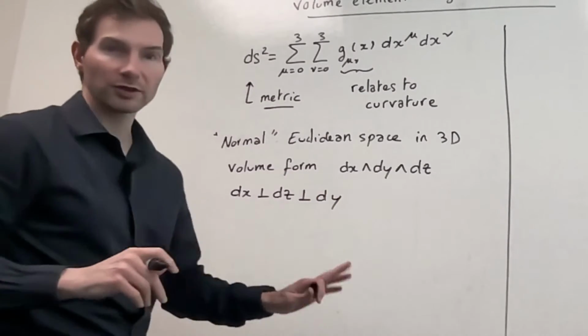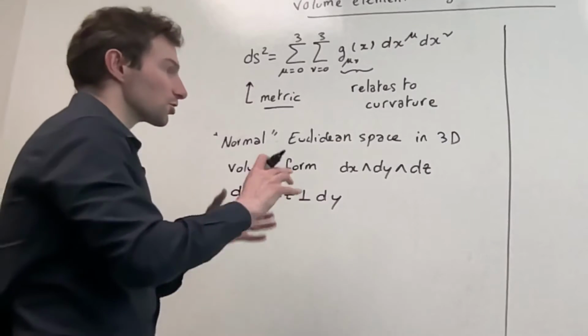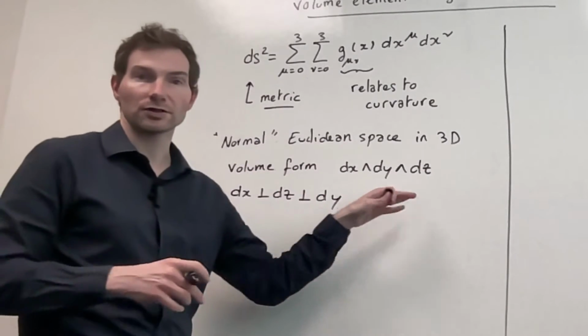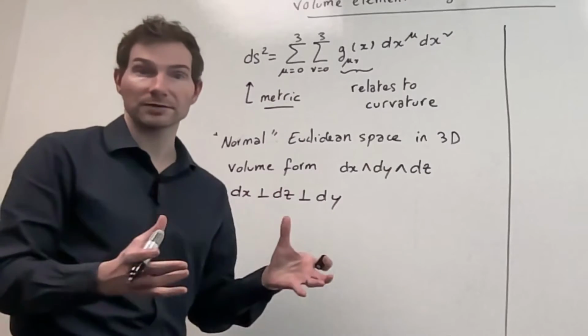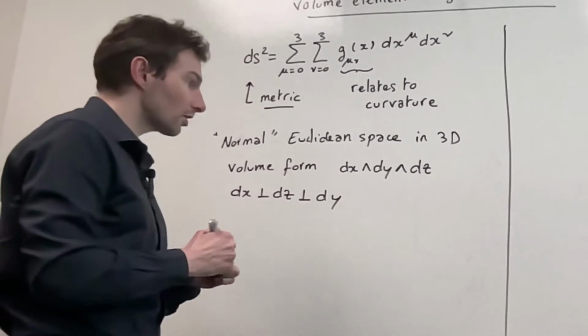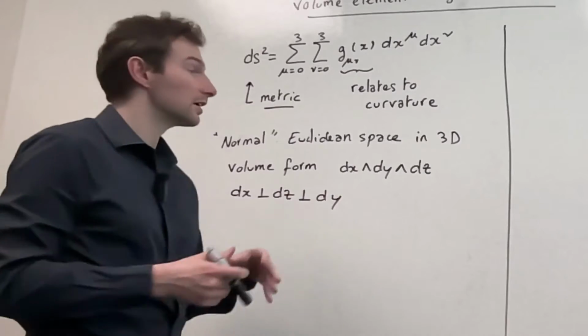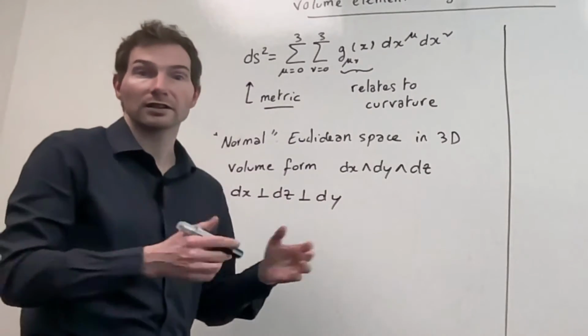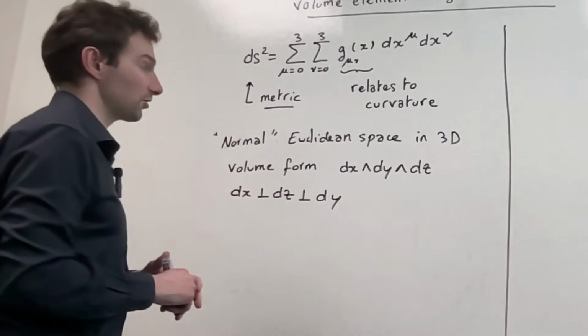So they are all perpendicular to each other, a sort of orthonormal basis, and when you evaluate that, you essentially evaluate the volume of a cuboid. That's the bottom line, and that's how you define things usually when you look at measures.